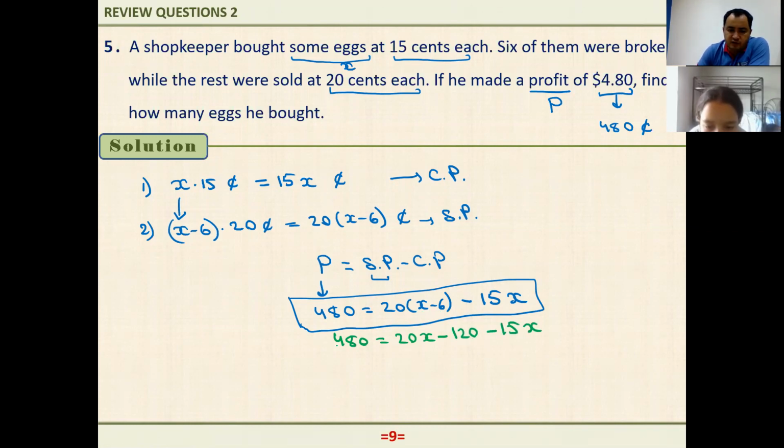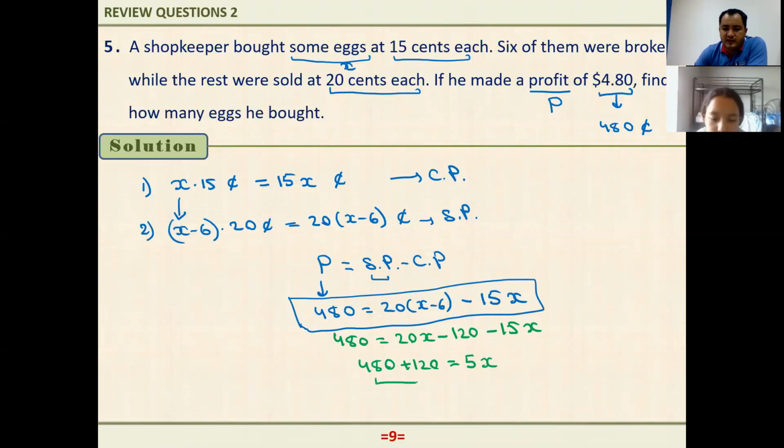So 120 take to the left-hand side, 480 plus 120 equals, here we have 20x minus 15x. What is it? That's 5x. 20 minus 15, it is 5.